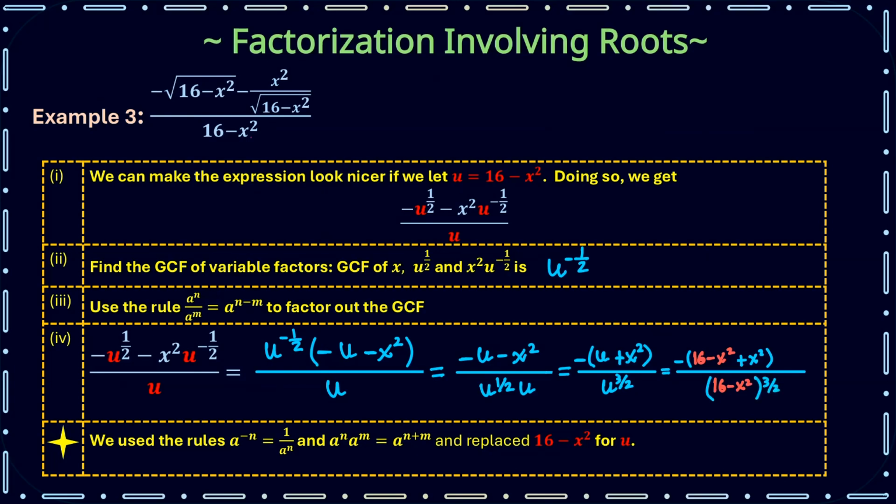We can simplify a little further by subtracting those x squares, and the end result is actually negative of 16 over 16 minus x squared to the power of 3/2. I mean, look at what happened. This whole expression reduced to something a lot more simple to look at.